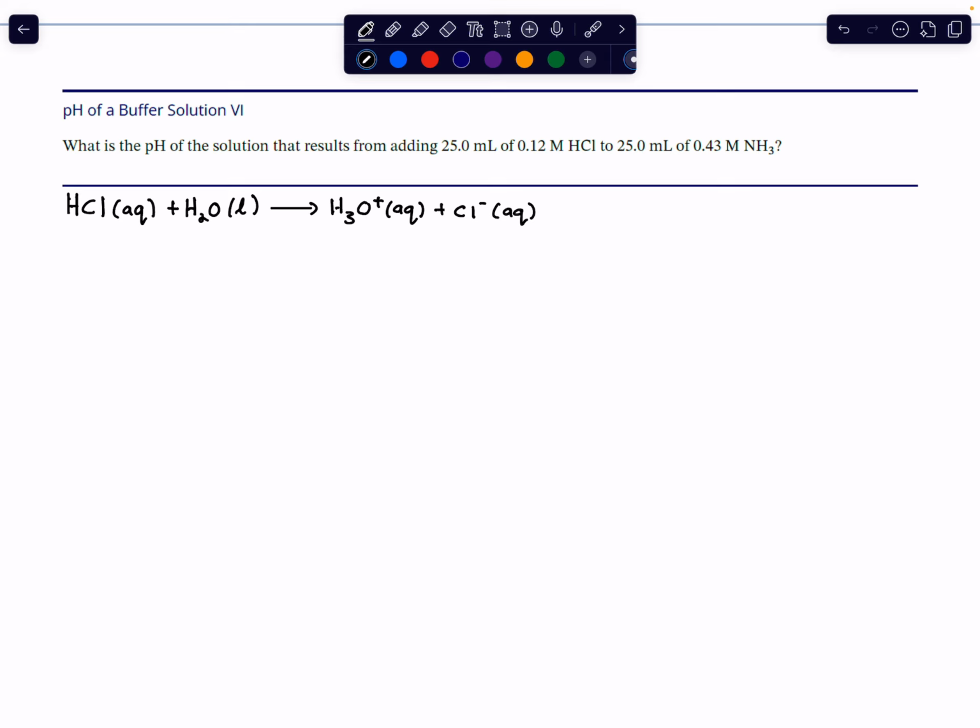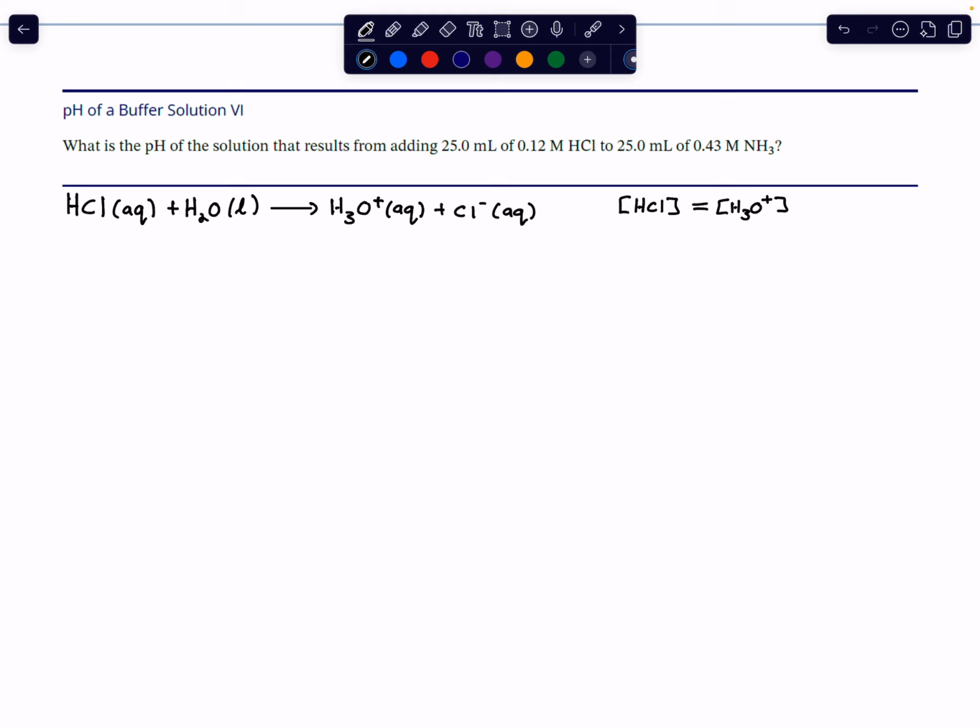So for strong acids, the acid that actually does the reacting is hydronium, right? Because all of the acid ionizes to hydronium, and that is why we say the concentration of HCl, because it's a strong acid, is equal to the concentration of hydronium, because it all ionizes to the hydronium ion.